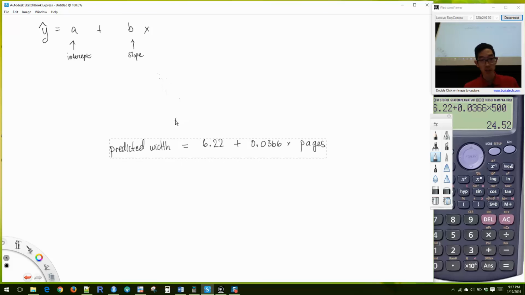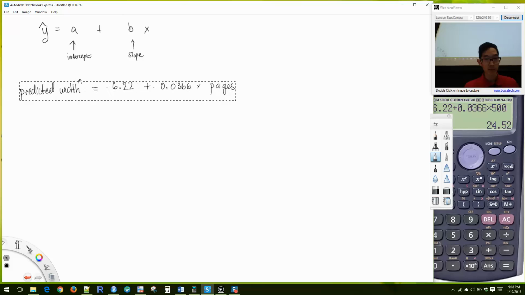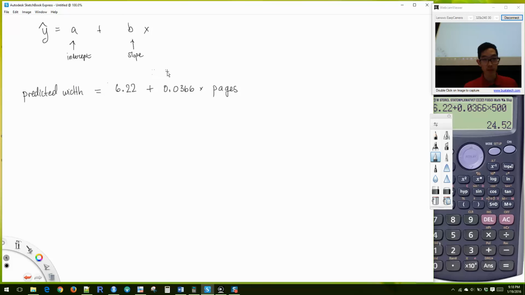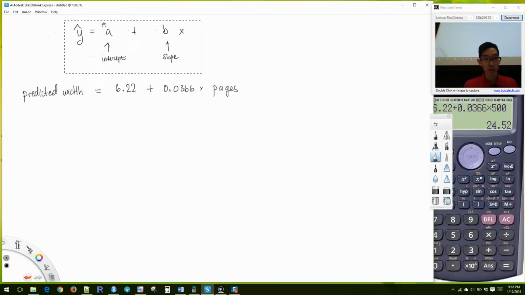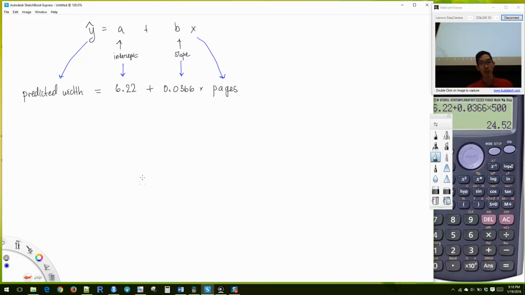All right, let me bring this over. The intercept here is 6.22. Our slope here is this, and our x is actually pages and y is our predicted width. So the y variable is what we are predicting.